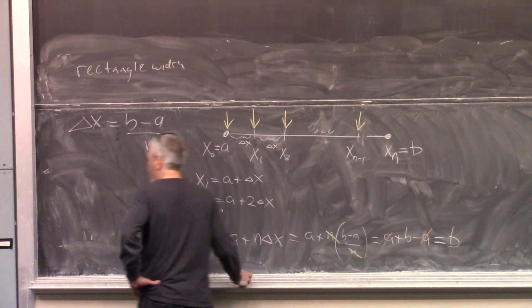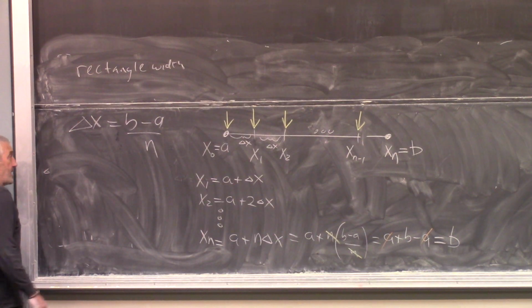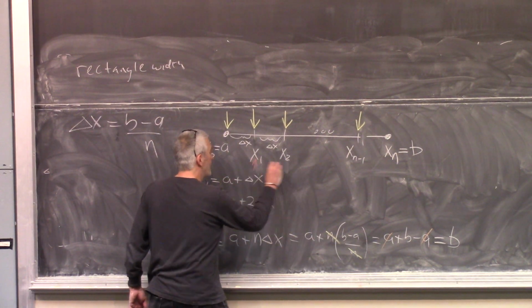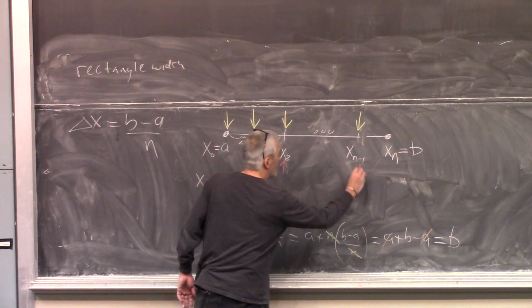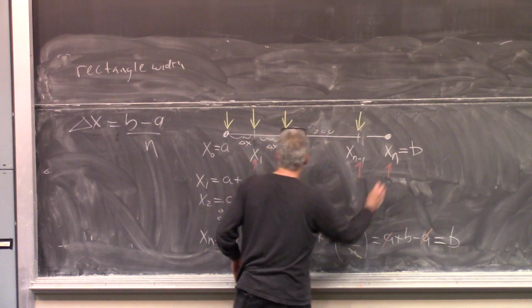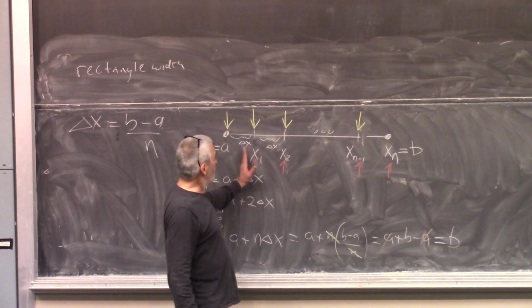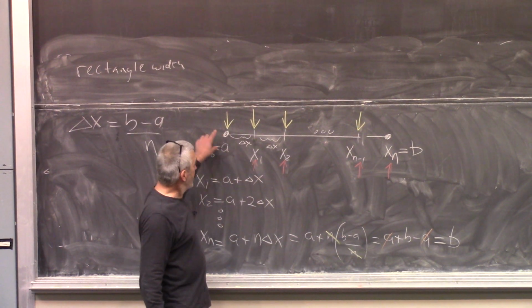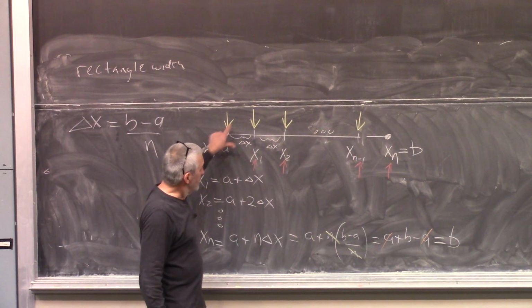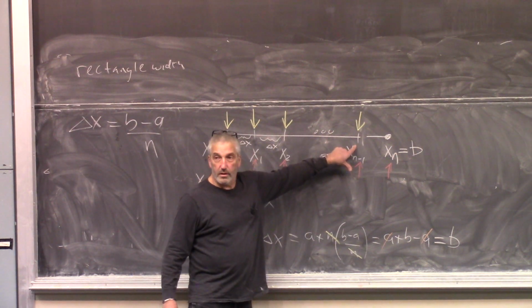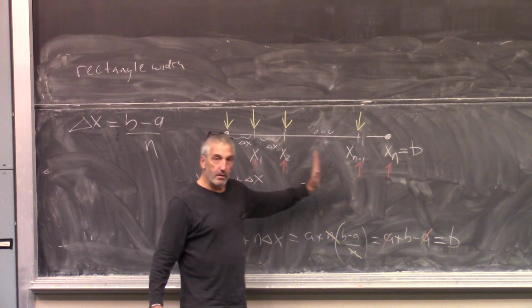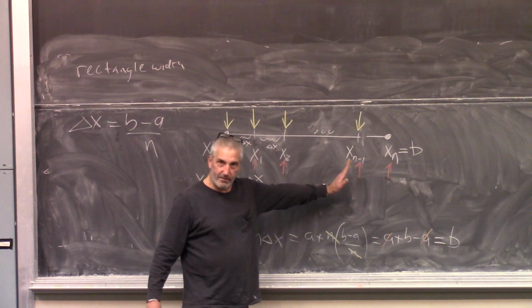When we put right rectangles on, they're sitting on the same piece of real estate, but they're touching the graph at these x values. So the right rectangles used x1 to xn, did not use x0. The left rectangles used x0 to xn minus 1, but did not use xn. Either way, there are n x values in that list.